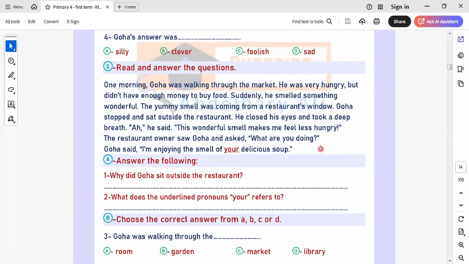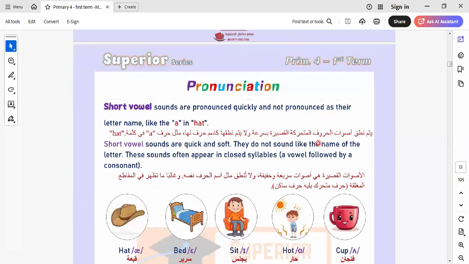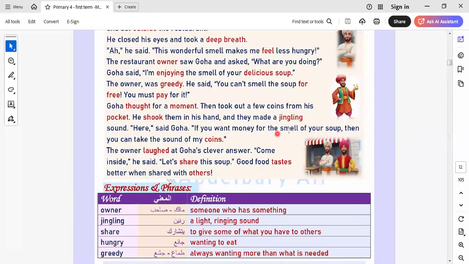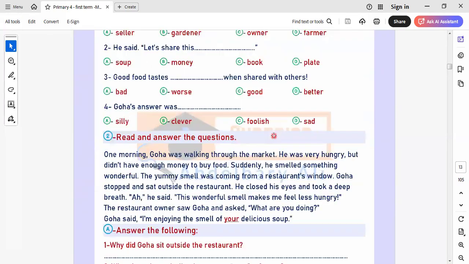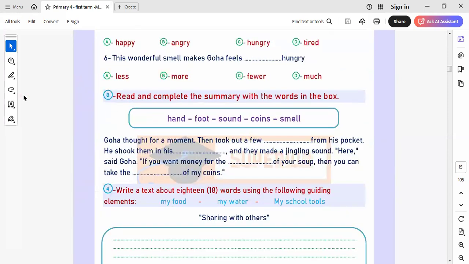If you want money for this meal, here it will be for this meal. So here it will be took a few coins, shook them in his hand. Said Goha, if you want money for this meal, then you can take the sound of my coins.